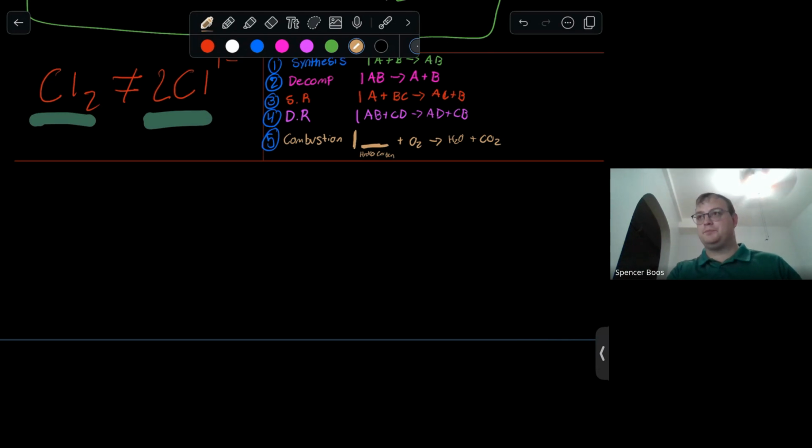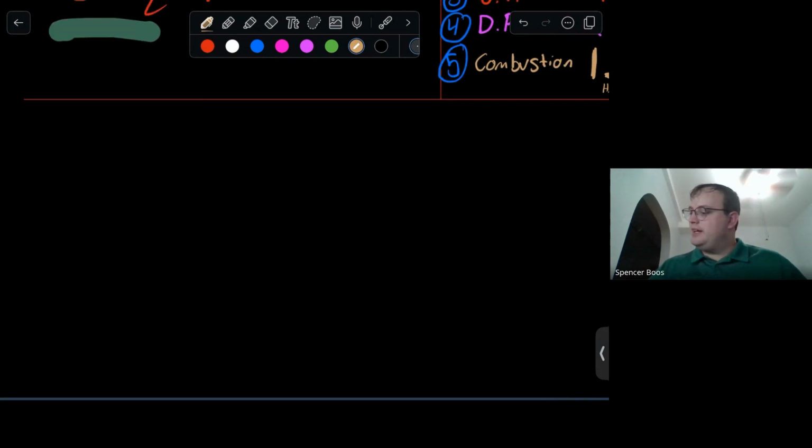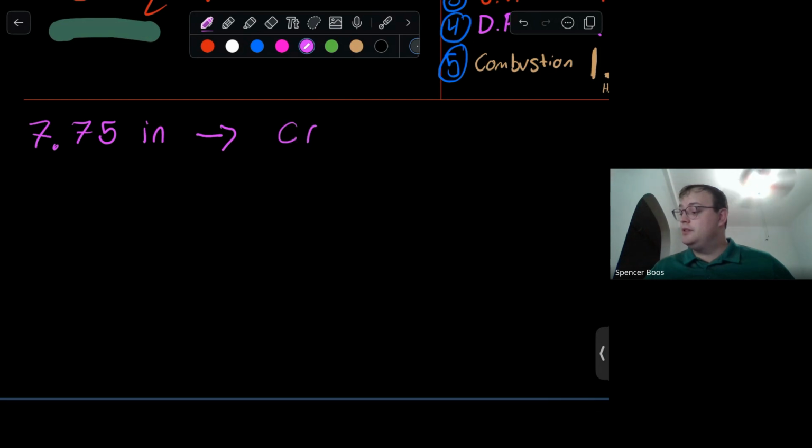For example, let's say I have 7.75 inches. And I want to convert this into centimeters. If I want to convert this into centimeters, we need to do a little bit of dimensional analysis. Observe.